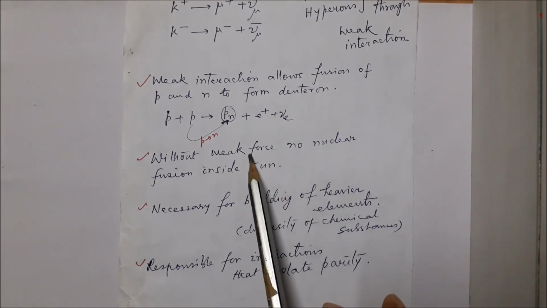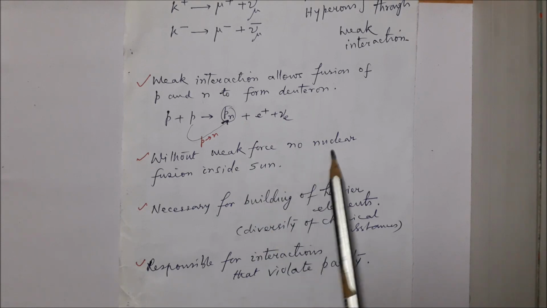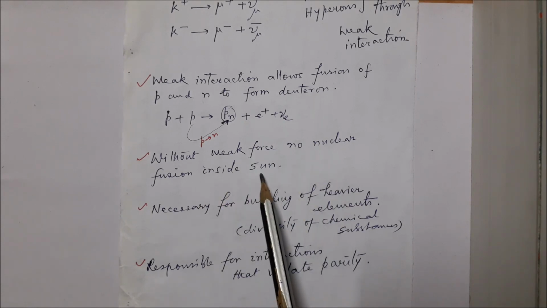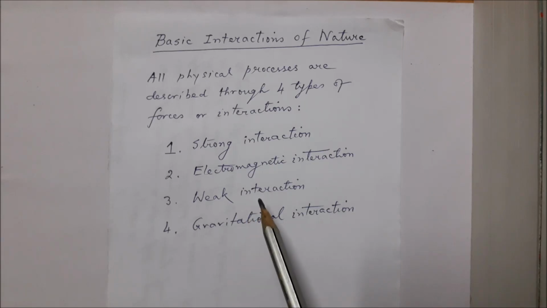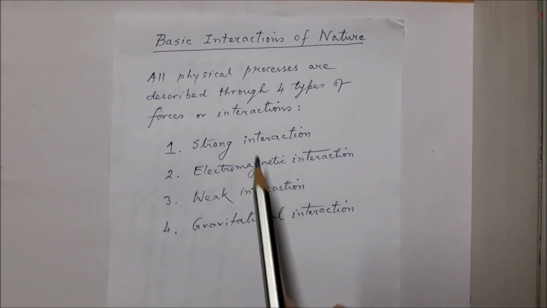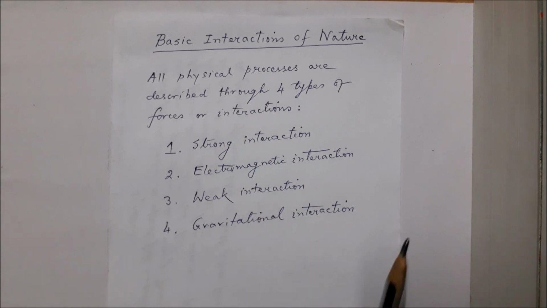Without weak force, there is no nuclear fusion inside the Sun. Now, who can take part in these four interactions? In other words, what decides which interaction will occur? What qualifies a phenomenon to choose a particular interaction? This will be discussed now.